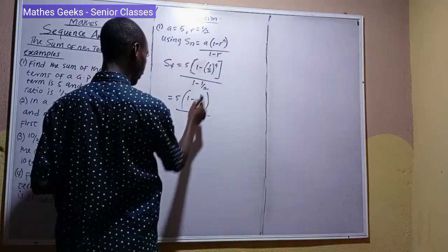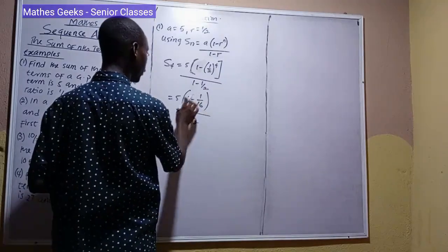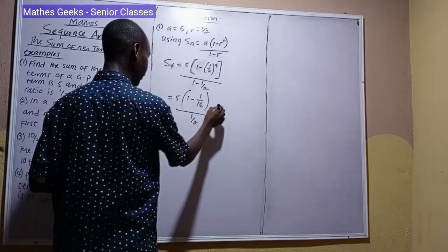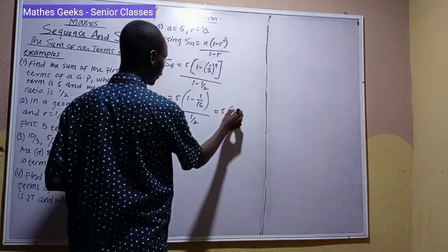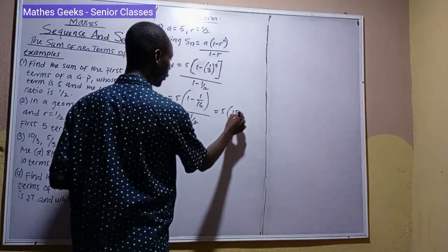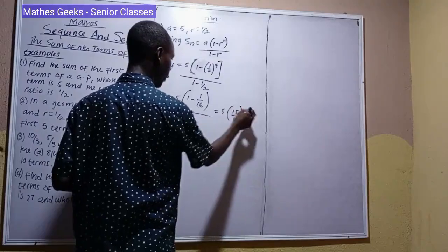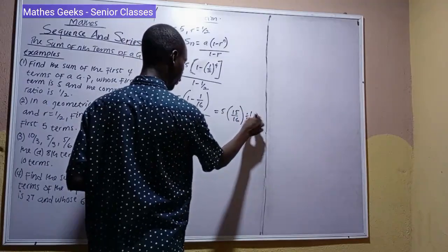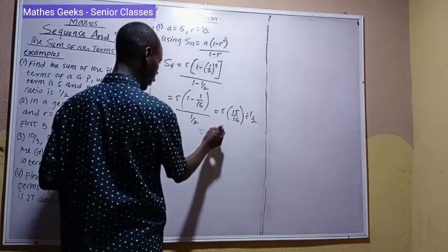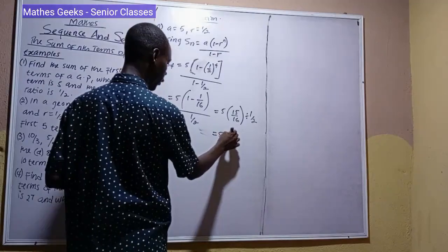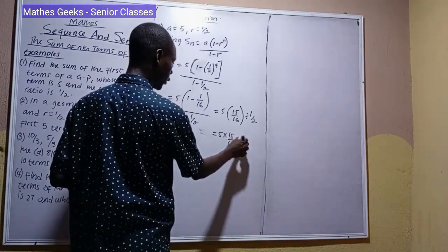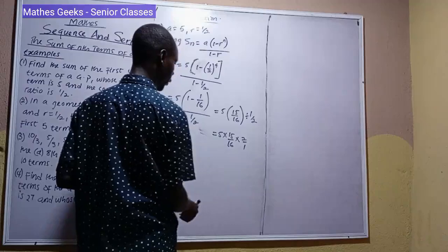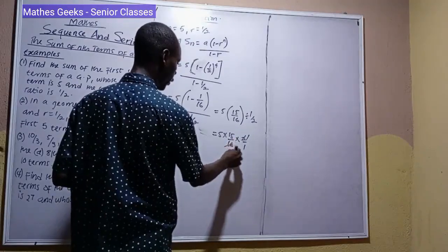And here 1 minus 1 over 2 will give us 1 over 2. When you simplify this part, you're going to have 5 times 15 over 16, then divided by 1 over 2, which is equal to 5 times 15 over 16 times 2 over 1. 2 here 1, 2 here 8.